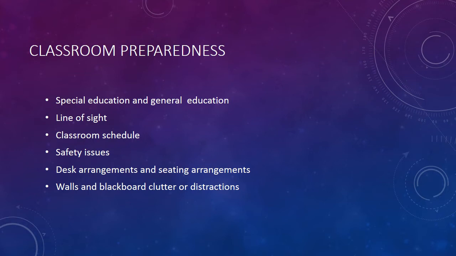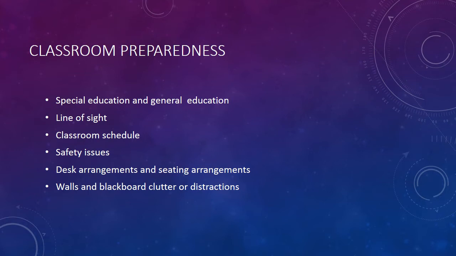And so the way we prepare our classrooms and set them up makes a huge difference to not present any antecedents or triggers for those children. People think there's a difference between special education classrooms and general education classrooms. Not so much anymore, and probably a lot less in the future.